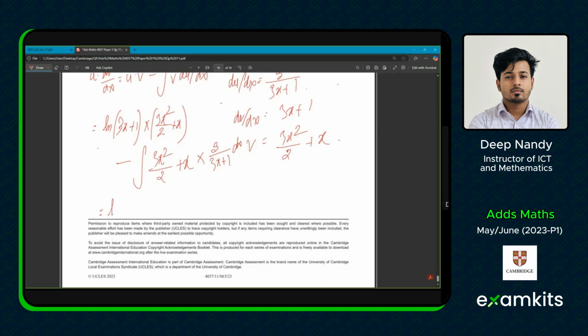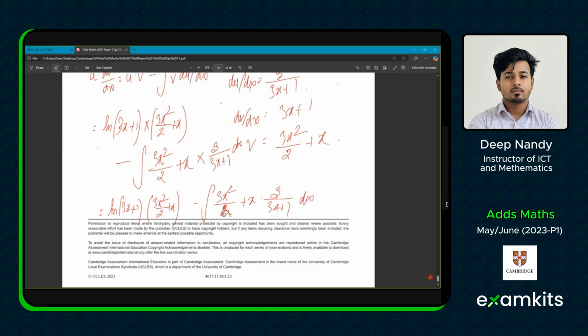So the first part is ln(3x+1)(3x²/2 + x) minus the integral of (3x²/2 + x) times 3/(3x+1).